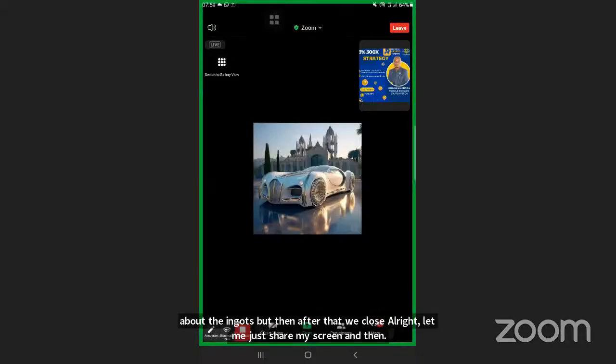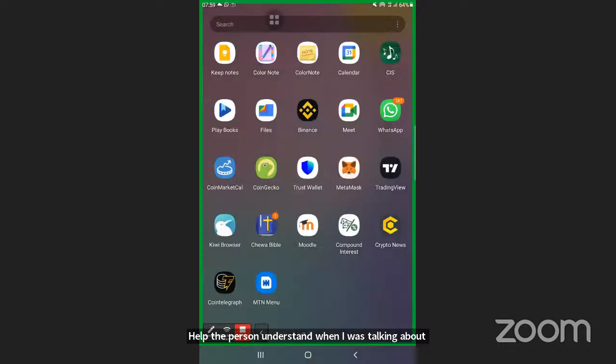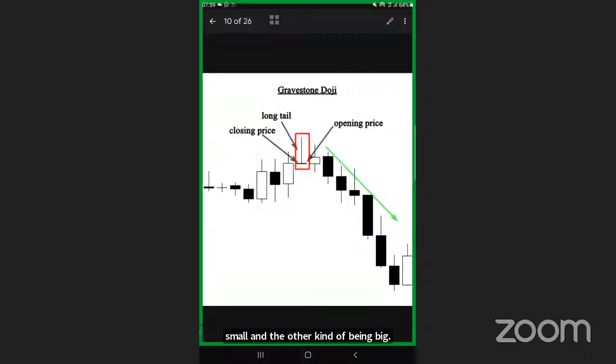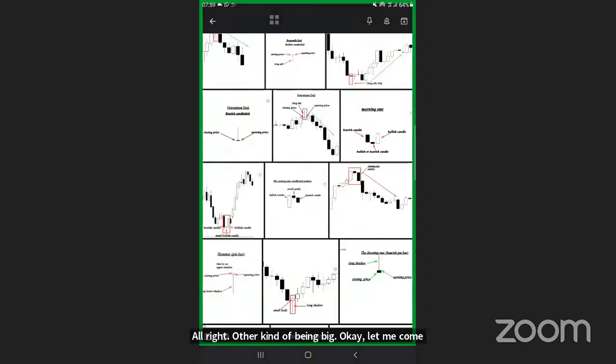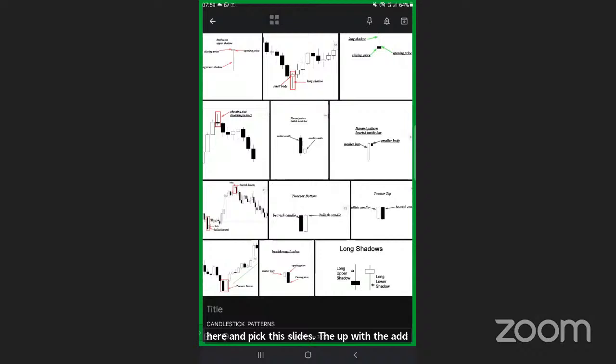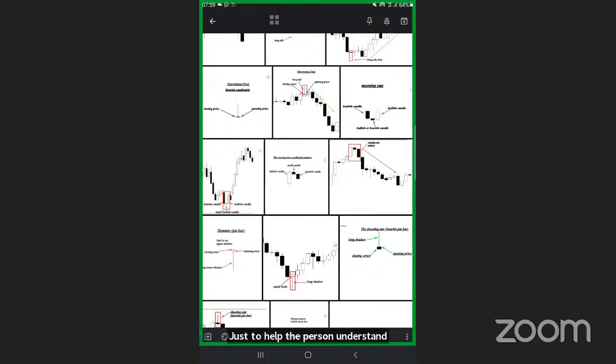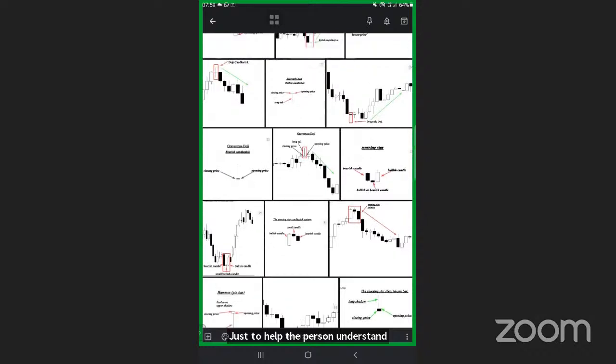Let me share my screen and help the person understand when I was talking about one candle being small and the other candle being big. Let me pick these slides, just to help the person understand about the engulfing bars.